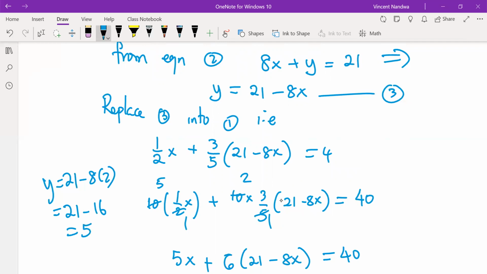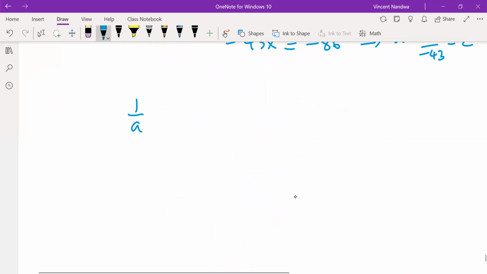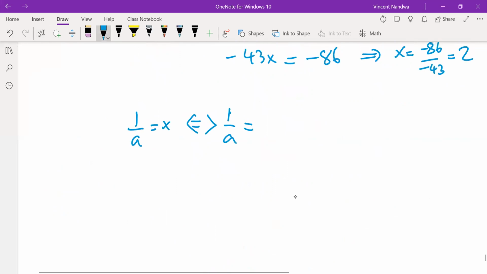But remember, x and y were our own creations. So which means that our solution will be given by 1 over a, which is the same as x. The x value from our computation is 2.